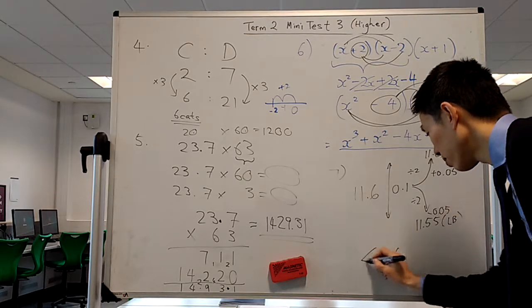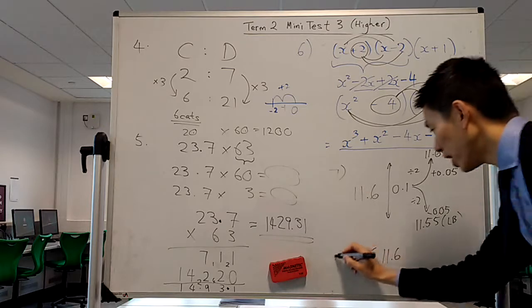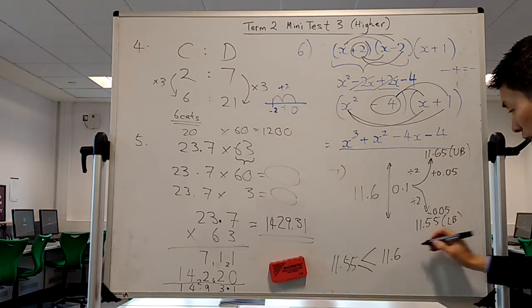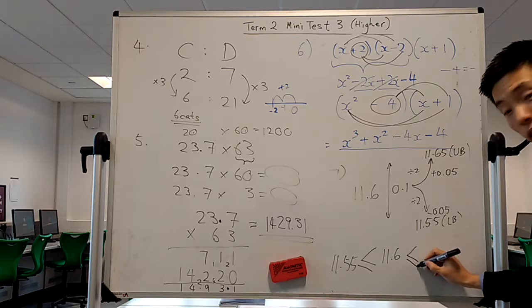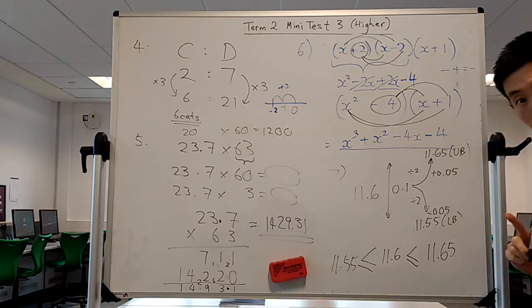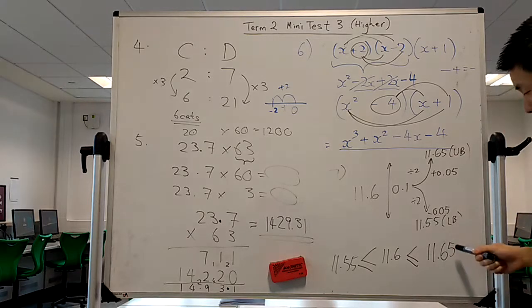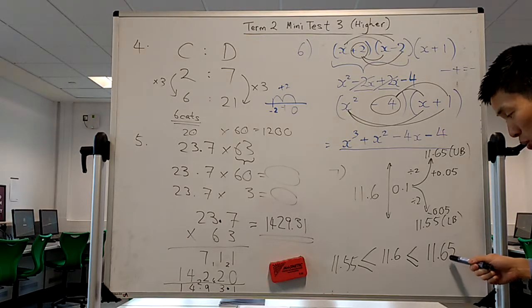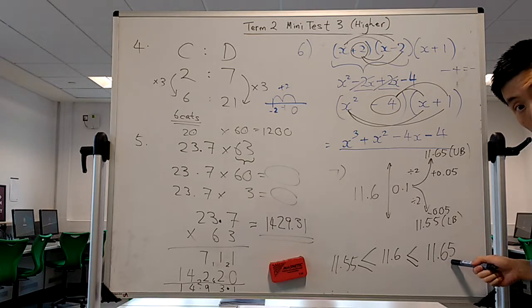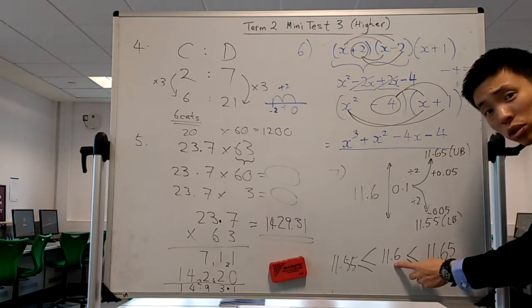Write that as an interval. 11.6 is bigger than or equal to 11.55, and in the last video, I also had the equal sign here and wrote 11.65. But here's the problem. If you round this number to one decimal place, that would become 11.7, which doesn't get you to that.